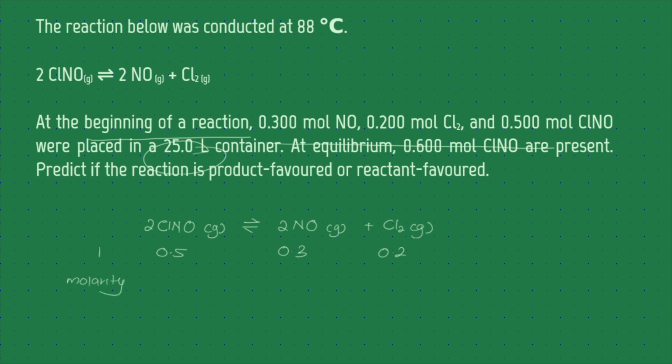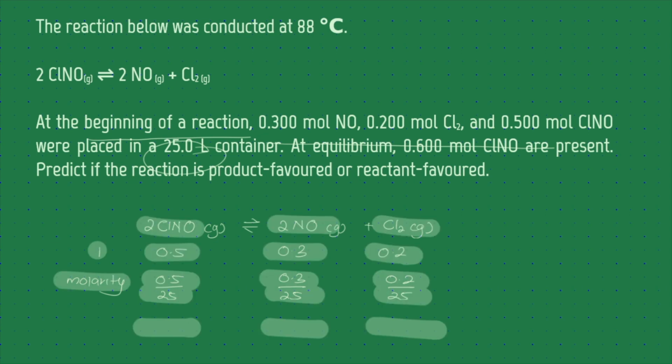The molarity is equivalent to 0.5 divided by 25, here is 0.3 divided by 25, and lastly 0.2 divided by 25. Therefore, after you have pressed your calculator, you should get the molarity as follows. This one is 2.0 times 10 to the power of negative 2. This one is 1.2 times 10 to the power of negative 2. And lastly is 8.0 times 10 to the power of negative 3.